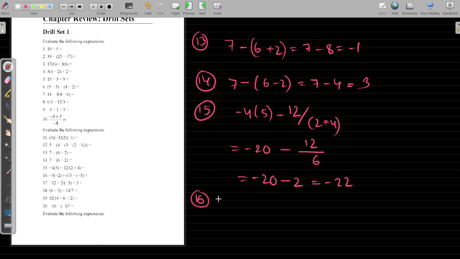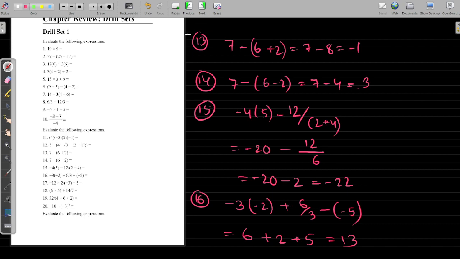Then number 16 will be minus 3 multiplied by minus 2 plus 6 by 3 minus 5, this one. So plus 6 plus 2 plus 5.